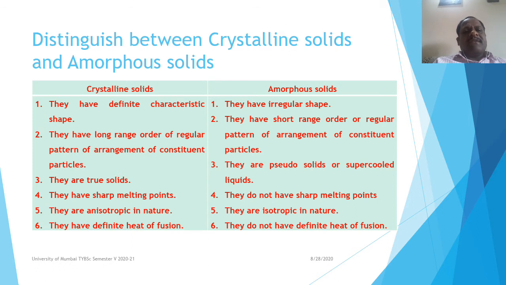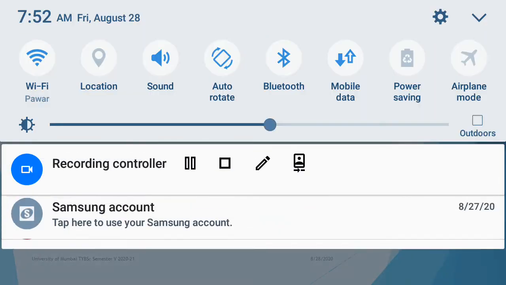Right? Second, they have long range order of regular pattern of arrangement of constituent particles. That means in a crystalline solid, constituent particles are arranged regularly over a long distance. For example, in an NaCl crystal, if Na plus is present at one point, then there will be Cl minus, again Na plus, Cl minus, Na plus, Cl minus. That means that arrangement is found regularly.